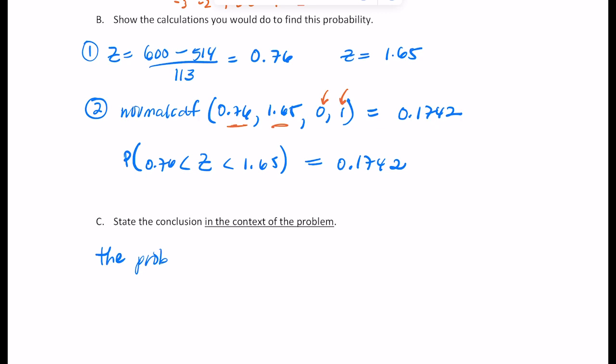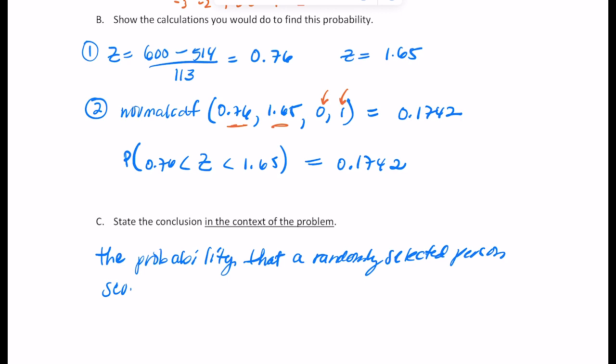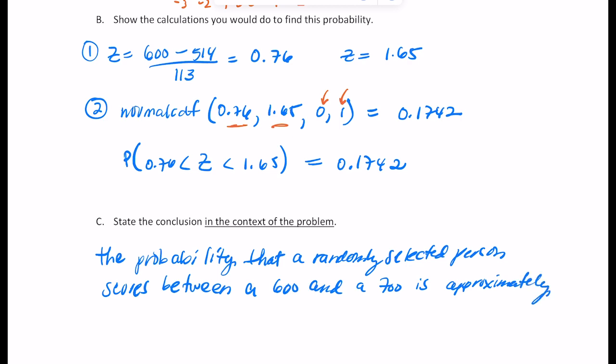I'm just going to say that the probability that a randomly selected person scores between a 600 and a 700 is approximately 17.42%.